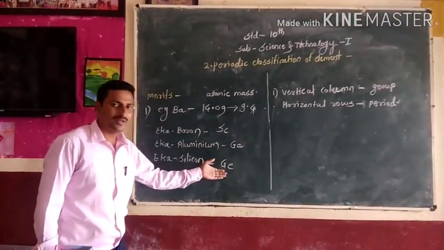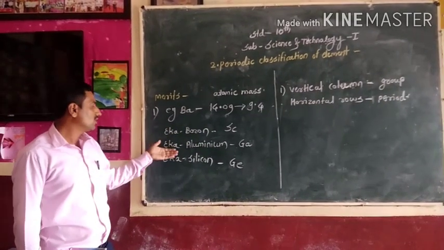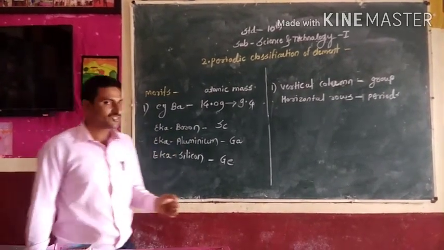Scandium, gallium, and germanium have similar properties to Eka-boron, Eka-aluminium, and Eka-silicon.